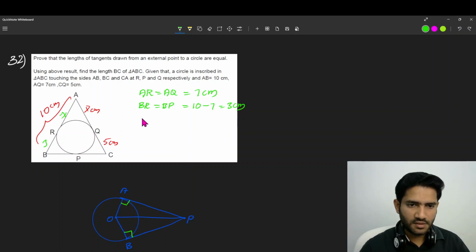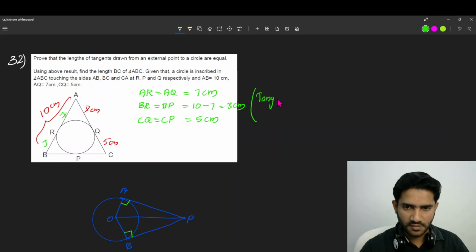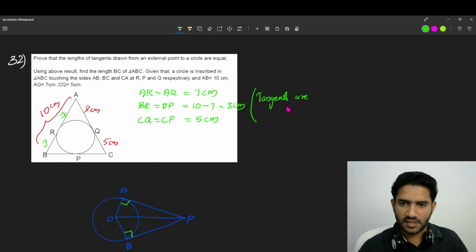And CQ equals CP equals 5 centimeters. Here is the reason: the lengths of tangents from an external point to the circle are equal.